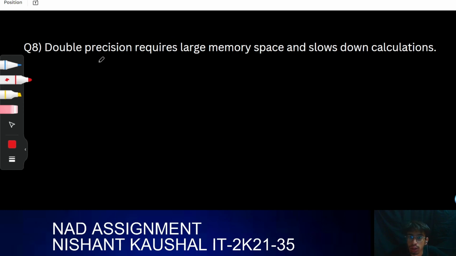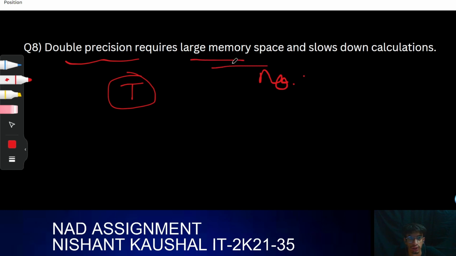Question number 8 is: double precision requires large memory space and slows down calculation. Yep, this is true because in double precision the number of bits will increase, and if the number of bits increases, more memory space will be required, and the calculation will become complex and it will slow down our calculations. So this is true.